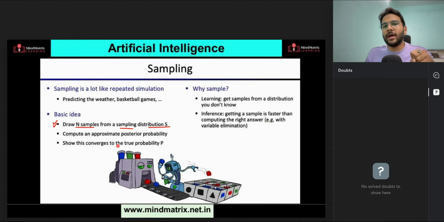So you just pick some elements from the entire set, and then for those elements, or you can say samples, you will compute the posterior probability. So the approximate posterior probability will be computed, and that will converge, or you can show this convergence to the true probability.